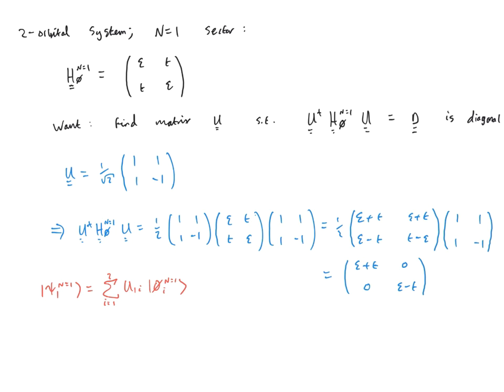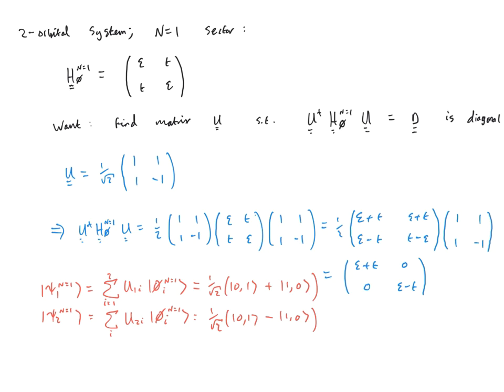And these basis states are the 0, 1, and 1, 0 states, so that just gives me 1 over root 2 of 0, 1 plus 1, 0. And likewise, our psi 2 in the n equals 1 sector is again the sum over i, but this time of U 2i on the basis states phi i in the n equals 1 sector, which just gives me the combination 0, 1 minus 1, 0.